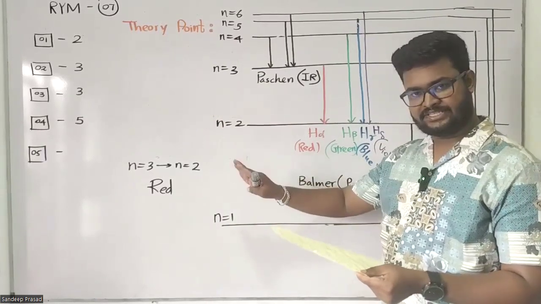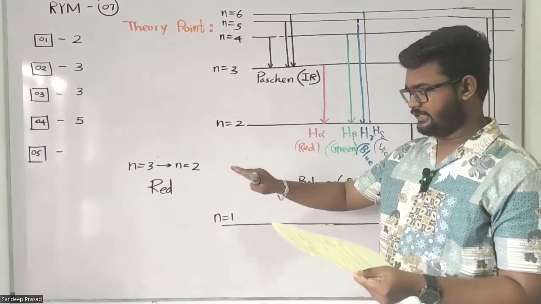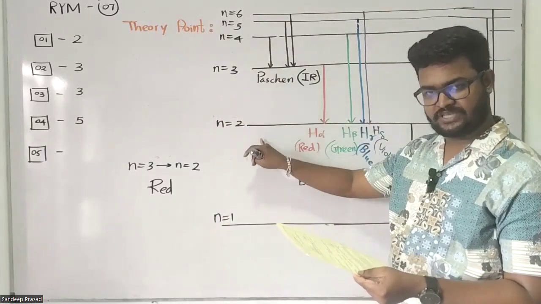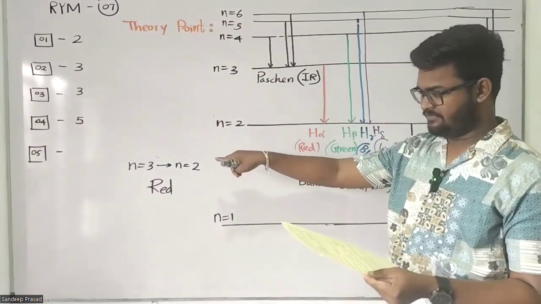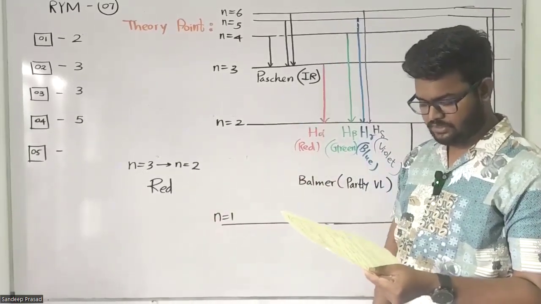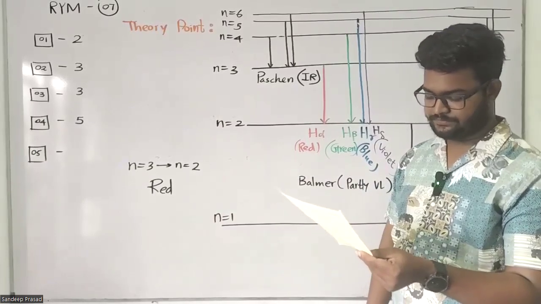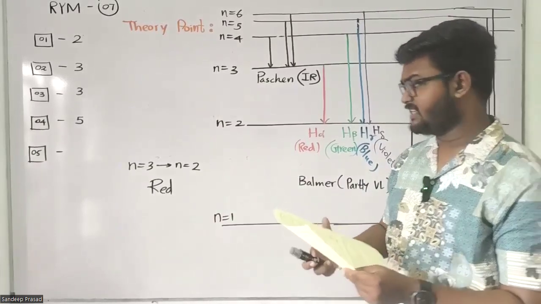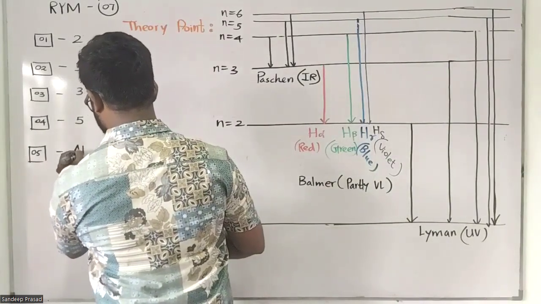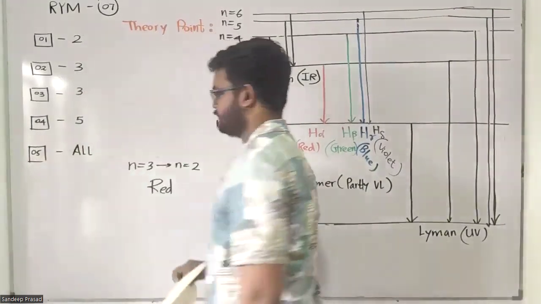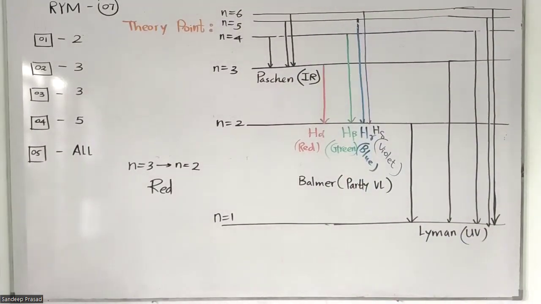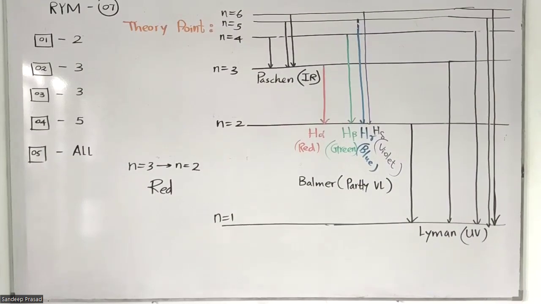The energy emitted as electromagnetic radiation when the electron is falling from the third one to the second one has a wavelength or frequency belonging to the red color. So therefore, we don't have any answer for this one. So let me consider this question as all, because we don't have the correct answer for this one. It should be only n equal 3 and 2.